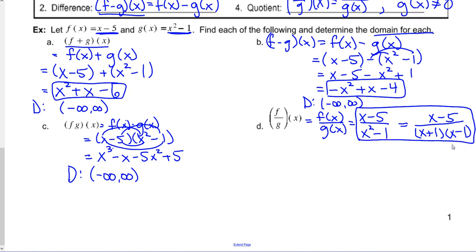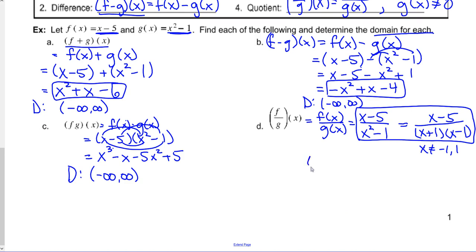So this is a rational function that the denominator cannot equal 0. Well, ask yourself, what makes that 0? So on the first one here, x cannot equal negative 1, and on this one, x cannot equal positive 1. So this is where we have to skip over on the number line those two numbers.